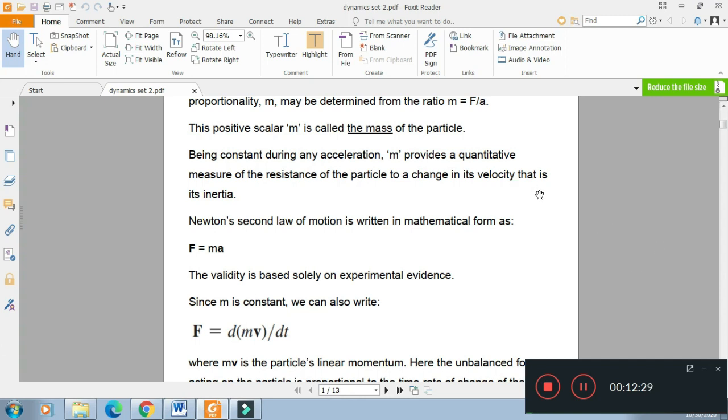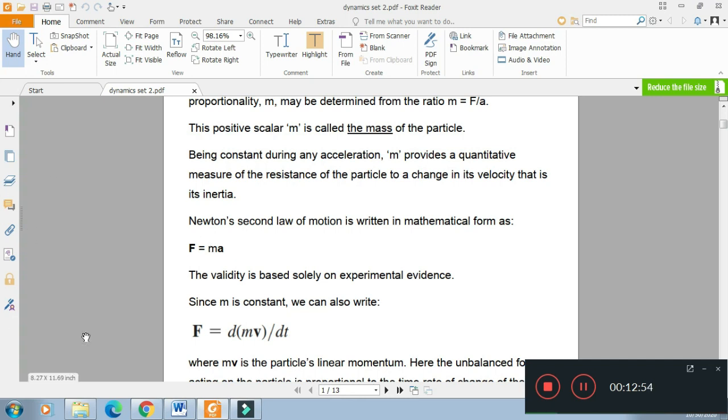So mass can be defined as the resistance of the particle to have a change in its velocity, that is its inertia. So F equal to ma can be written as m dv over dt. Acceleration is dv over dt. Since mass is a scalar quantity, it is constant.